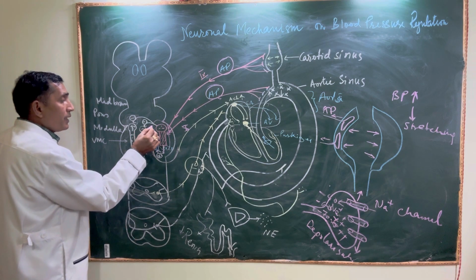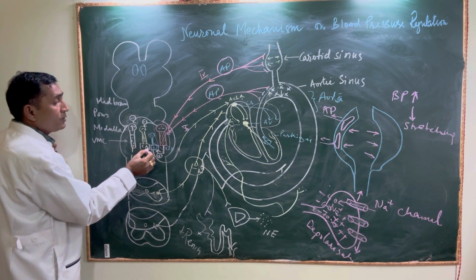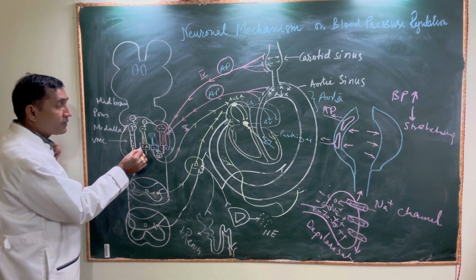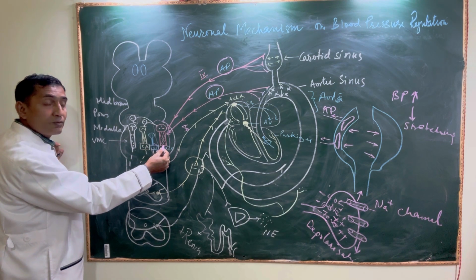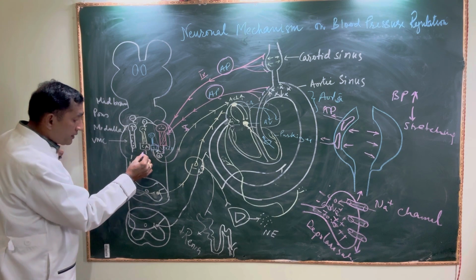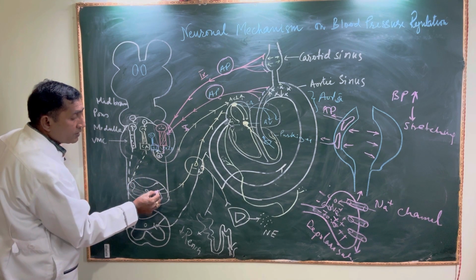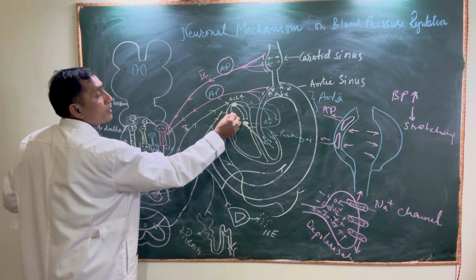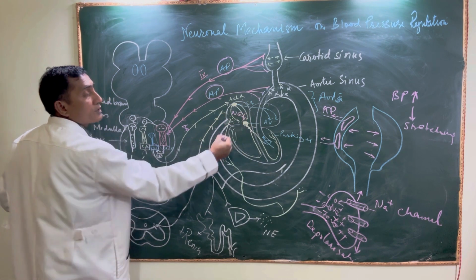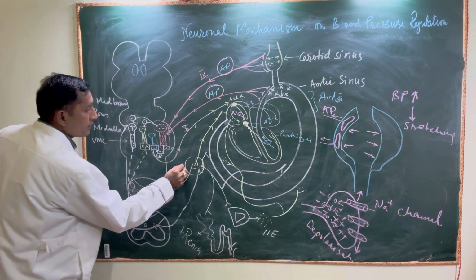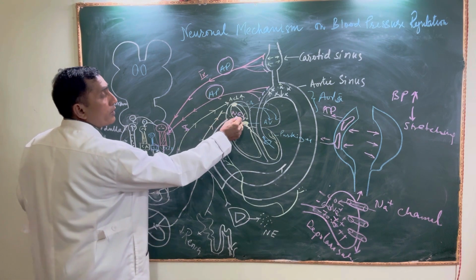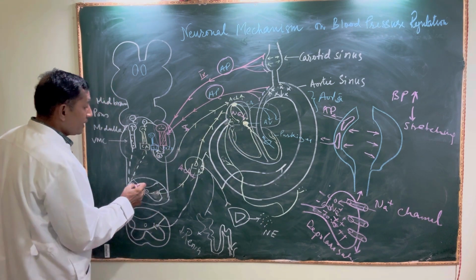At the same time, there will be inhibition of the cardio-acceleratory center. The cardio-accelerator is inhibited because of the stimulation of the nucleus tractus solitarius, and due to that, the center of sympathetic is inhibited, so the norepinephrine secretion will be less.